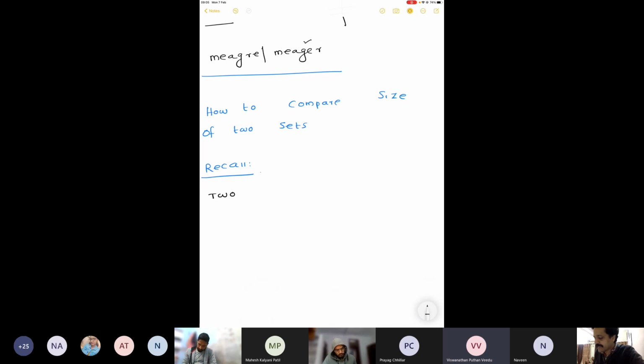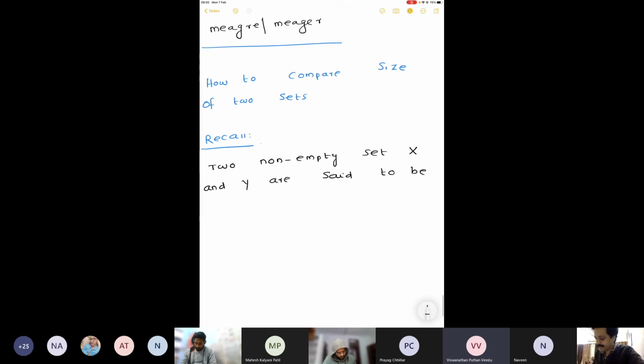Two non-empty sets x and y are said to be numerically equivalent if there exists a 1-1 onto map from x to y.